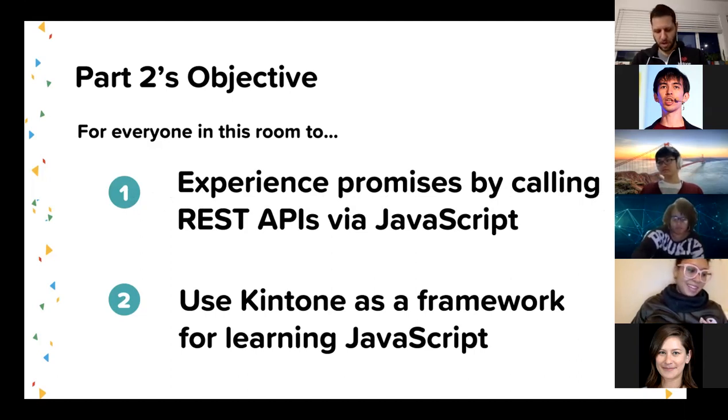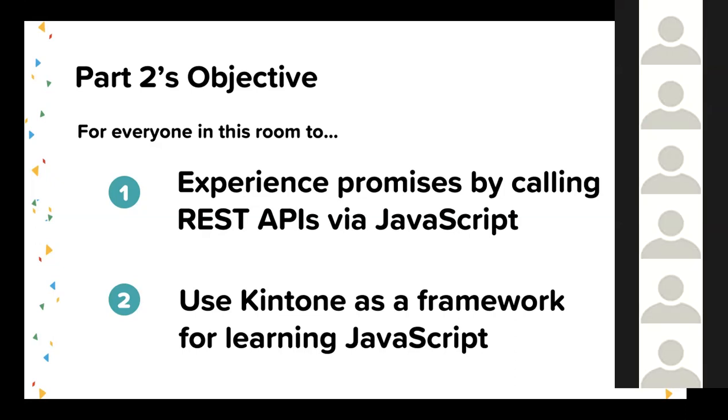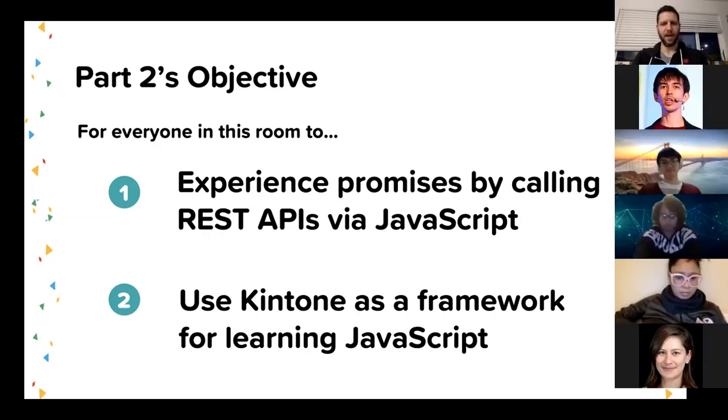If you're going to walk away from this section clear on how to use promises to call REST APIs with JavaScript, and you're clear on how to use Kintone as a framework for learning JavaScript, then you can check this off. Job well done for everyone. We all pat ourselves on the back, and we go to sleep fulfilled tonight.